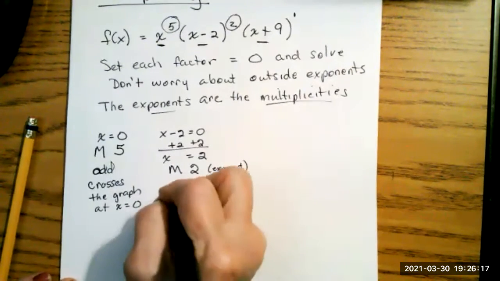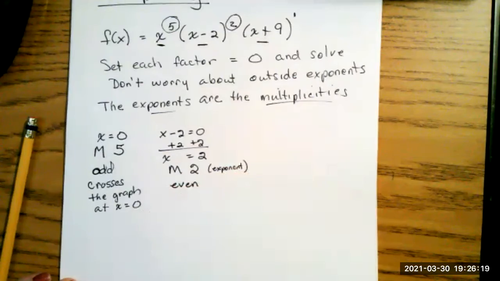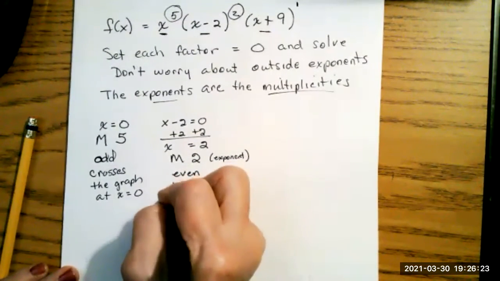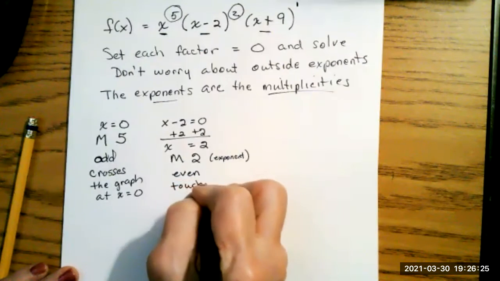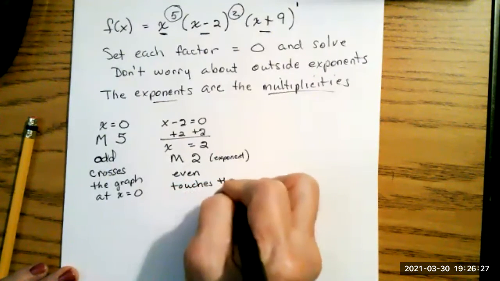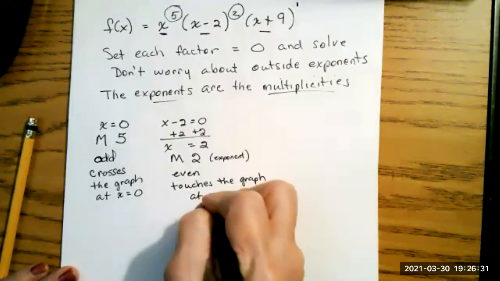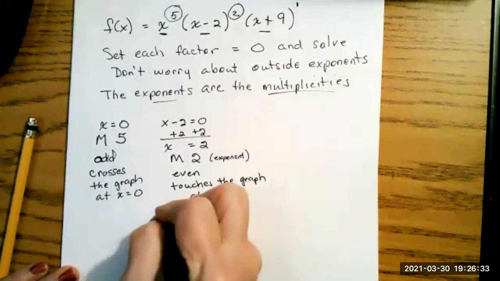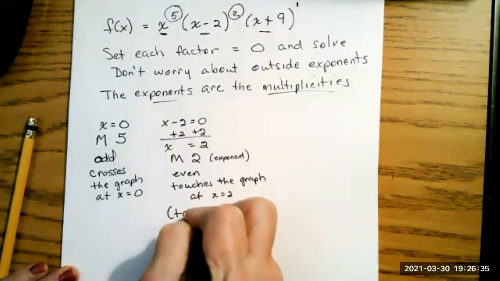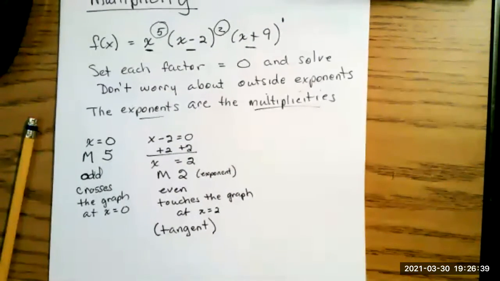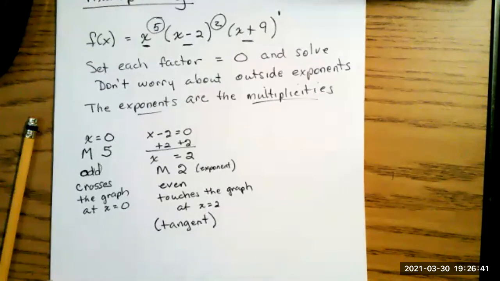That is even. If it's an even multiplicity, it just touches the graph at x equals 2. It's also called tangent, and I'm going to show you a picture of this in just a minute. The author uses the word tangent for touches.